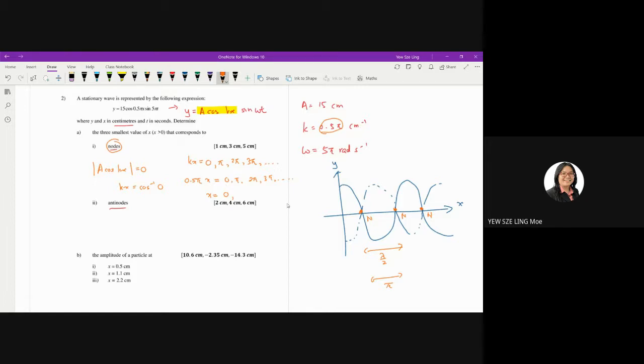Oh, yeah, this is kx equals to m pi. Aha, I got the wrong value. It should be 1. Sorry, not 0. Cos negative 1, 0, let me use calculator.